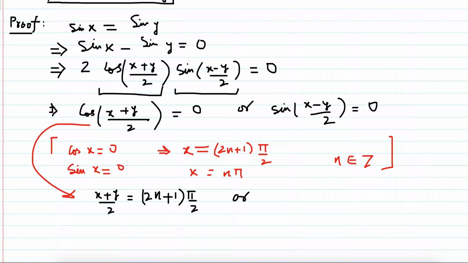So this comes from the first part, and from this part we get x minus y by 2 is a multiple of pi.